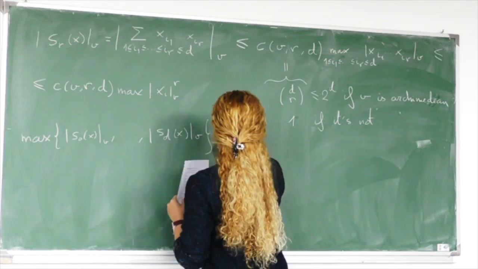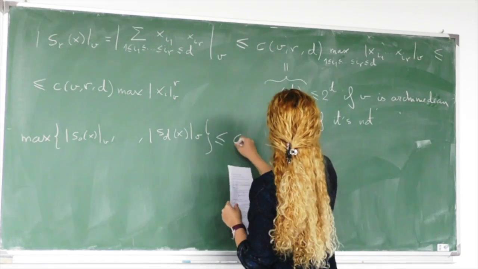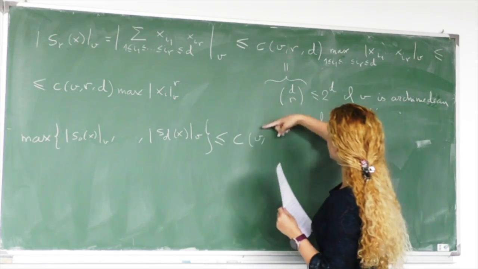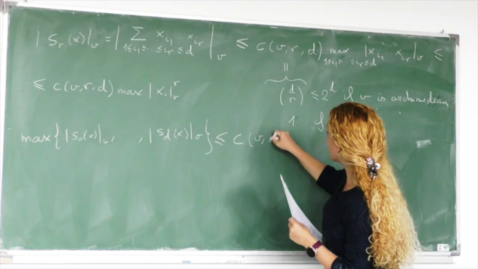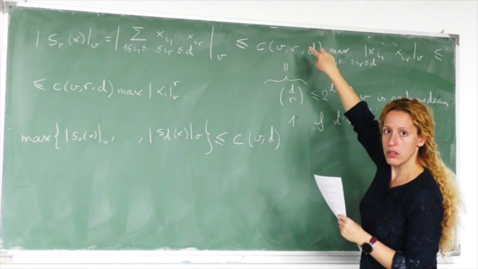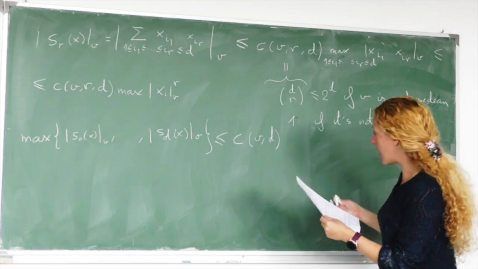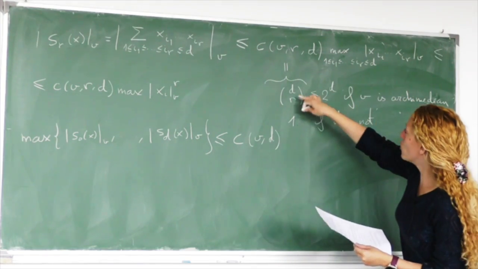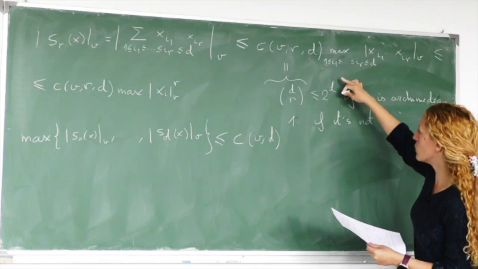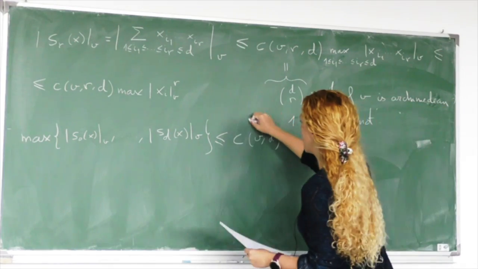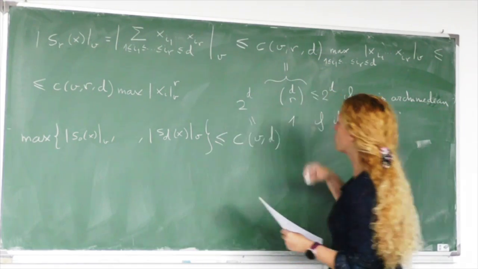So this is smaller or equal, and I'm going to put here a constant that doesn't depend on r anymore, because I have all of them here. So who is this constant? Actually, those numbers are always less or equal than 2 to the d. So, for instance, I can take this equal to 2 to the d.